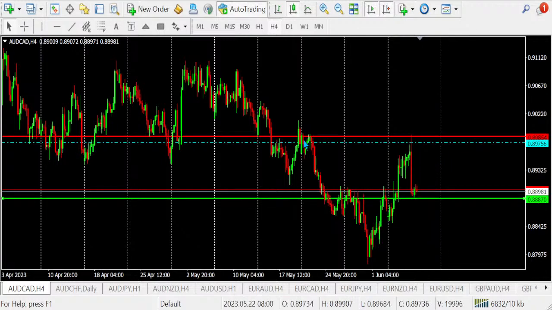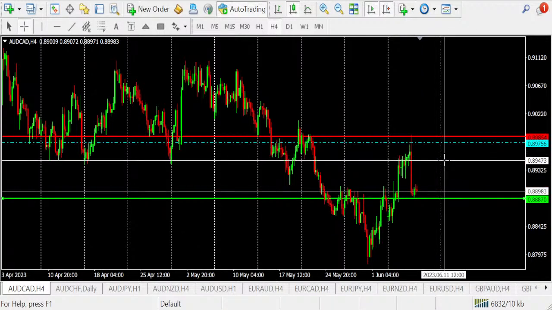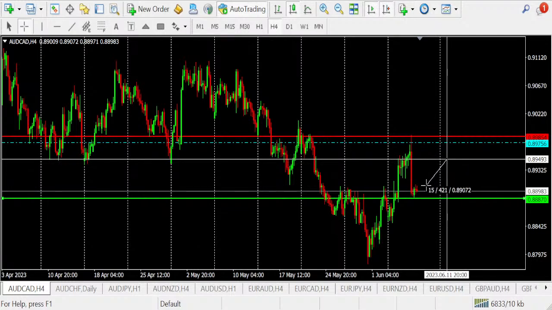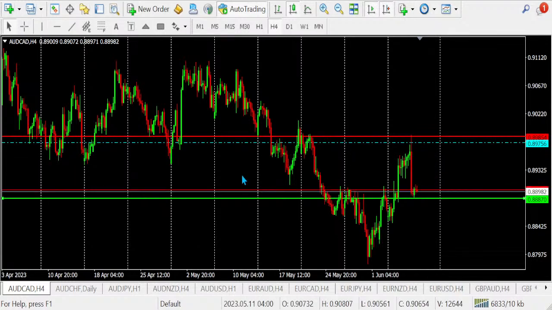Up there we have very good liquidity to take over 40 pips, so buyers can take note. As of now, sellers, I think it's good to stay away for a while.